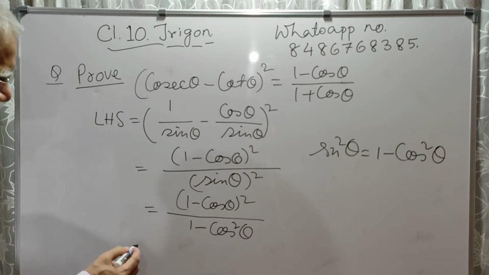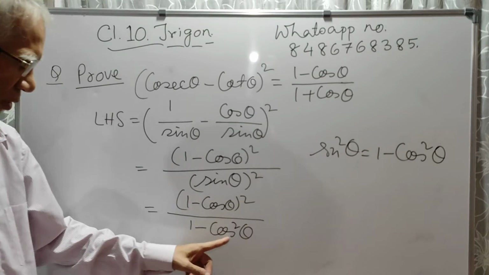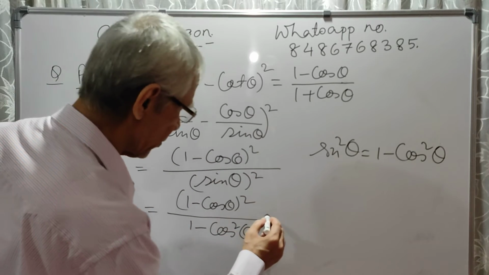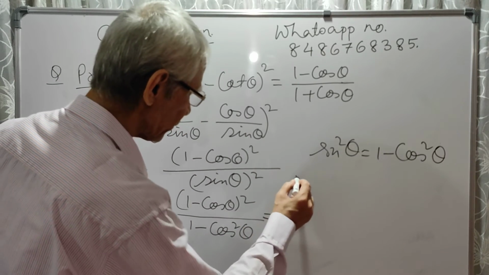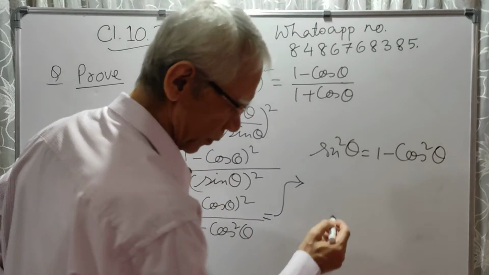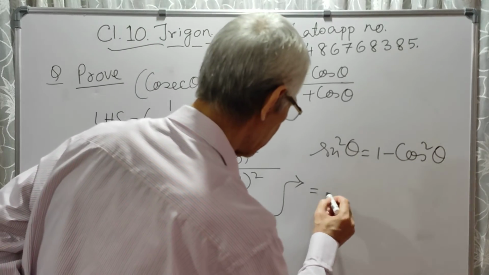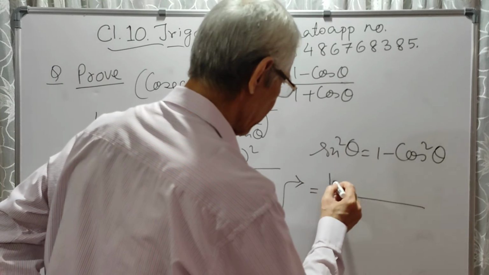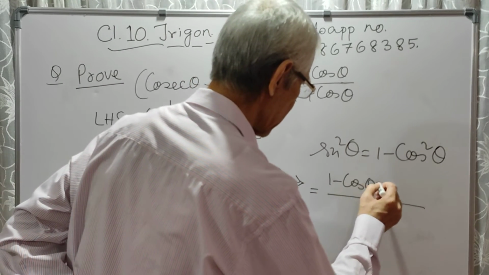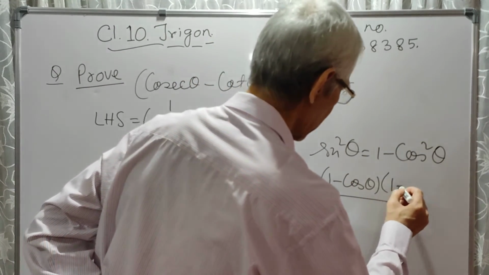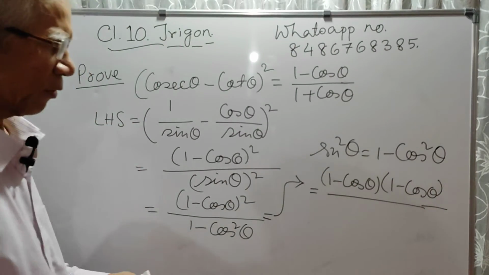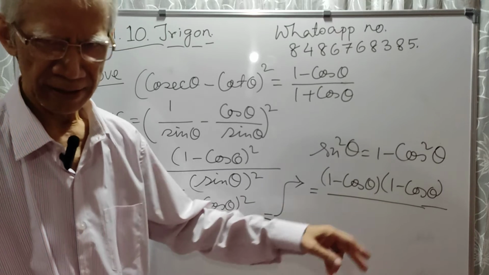Okay. Now see, we got cos, but this is complicated, we must simplify. Now this one we keep intact, (1 minus cos theta) whole square. Why do we write it this way? Because we are going to cancel.